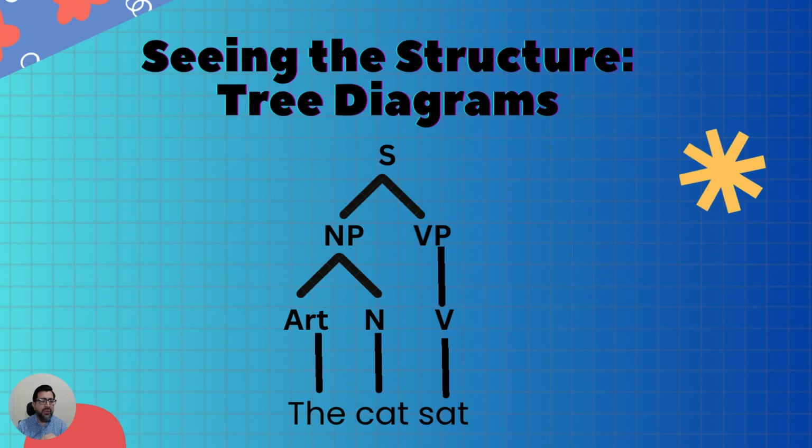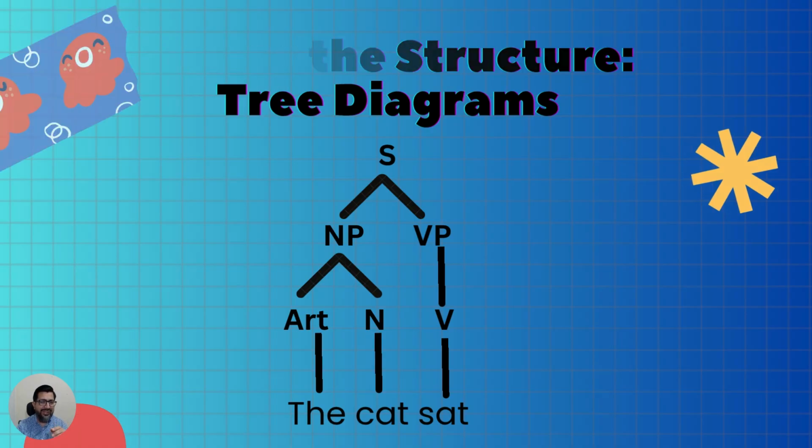It's made up of an article, which is the, then the noun, which is cat, and next to it the VP, the verb phrase, which has a verb, which is sat. So that's why it's really important. Tree diagrams show how sentences follow the phrase structure rules. They give us a clear picture of the underlying structure of a sentence, helping us understand how all parts fit together. Excellent.